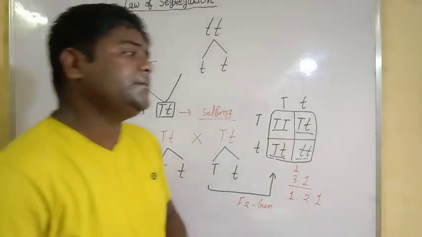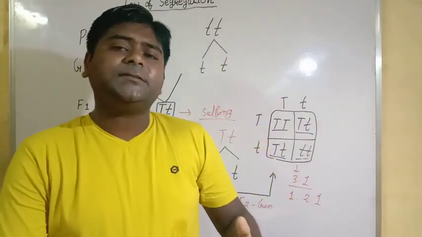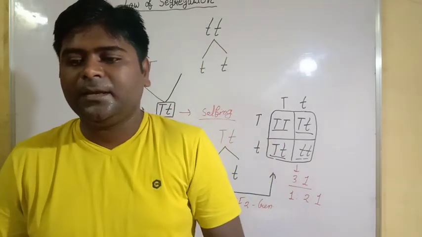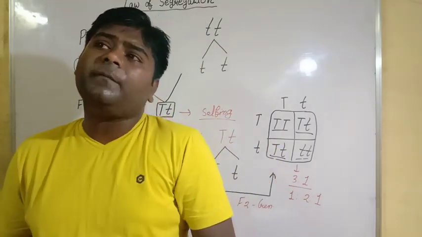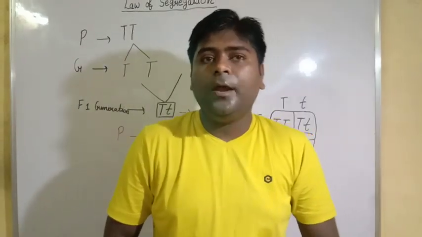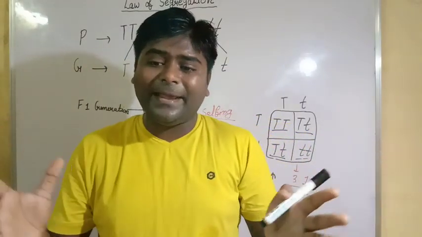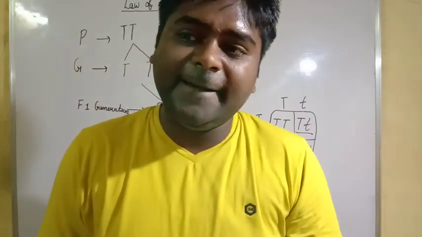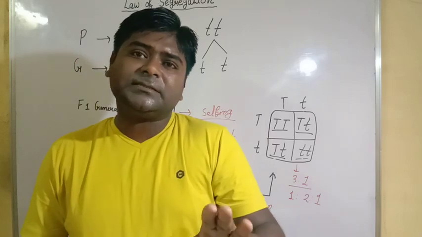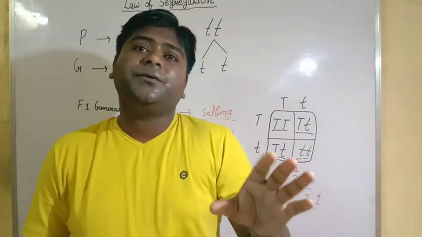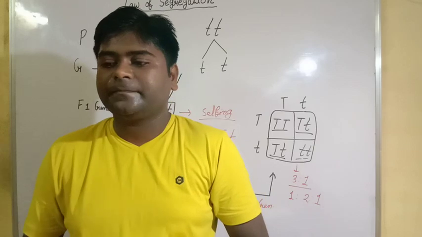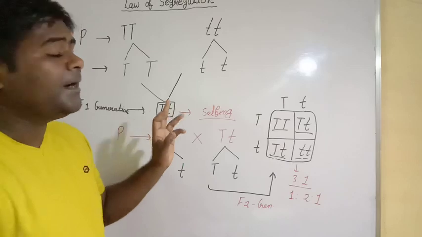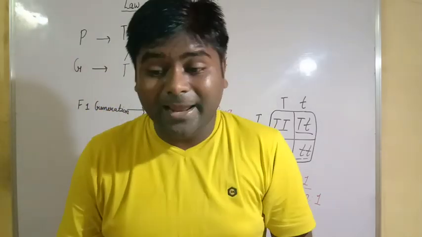the law of segregation, because the law of dominance and the law of segregation are based on the monohybrid cross, Mendel wanted to know about the dihybrid. When we have the fusion of two characters, students, please try to understand, characters and factors are two different terms. Hybrid means we have the fusion of two different factors or alleles.